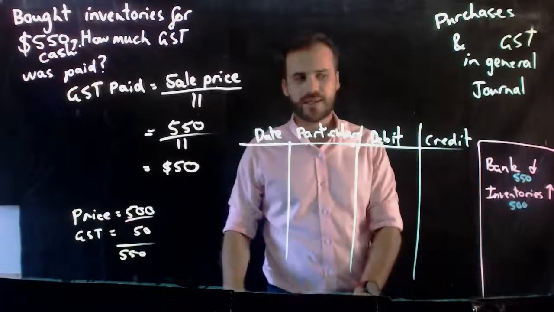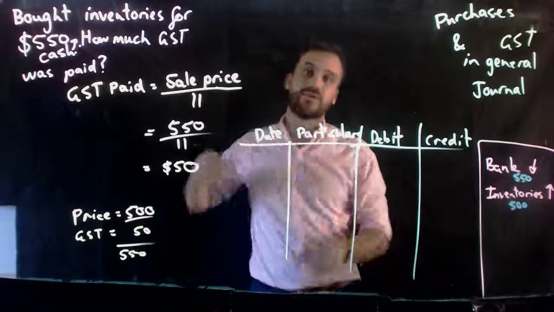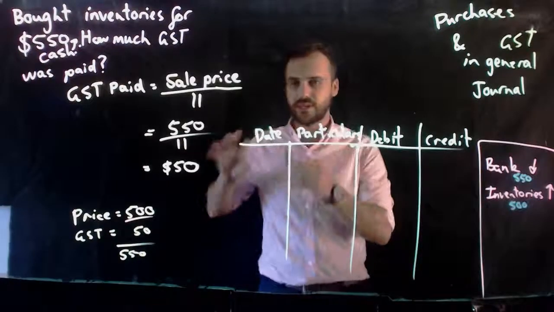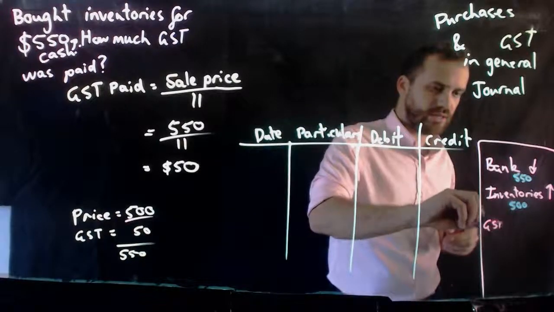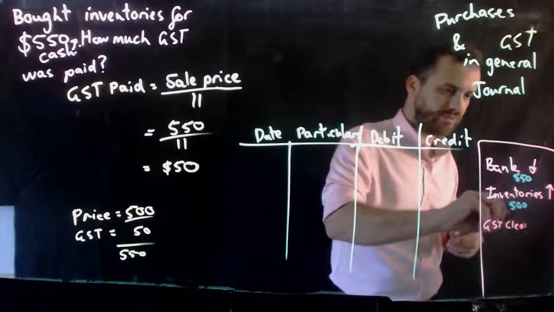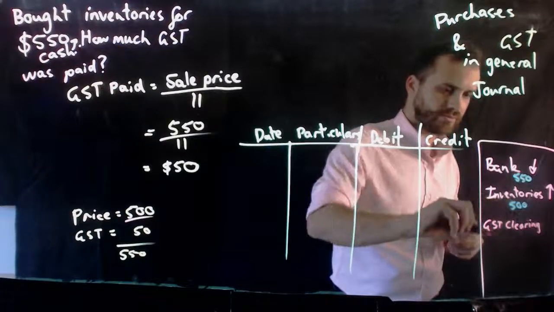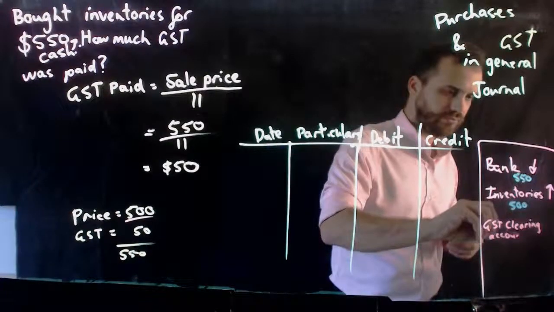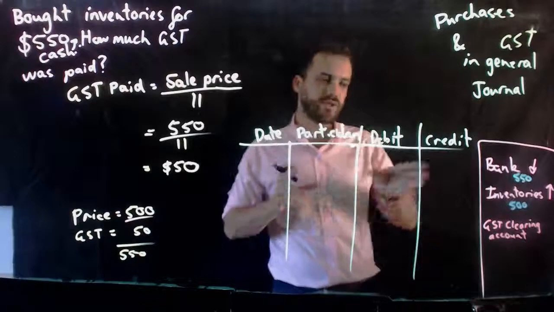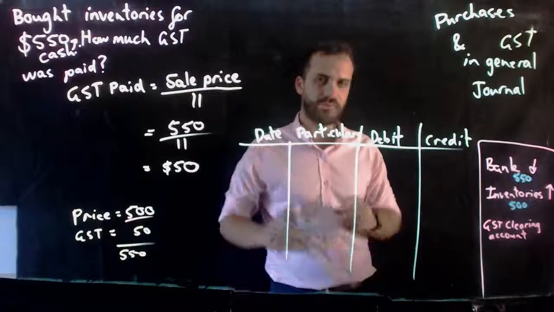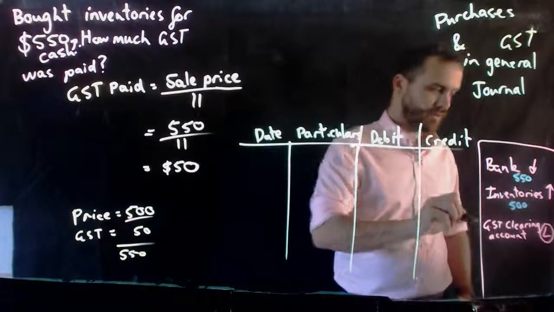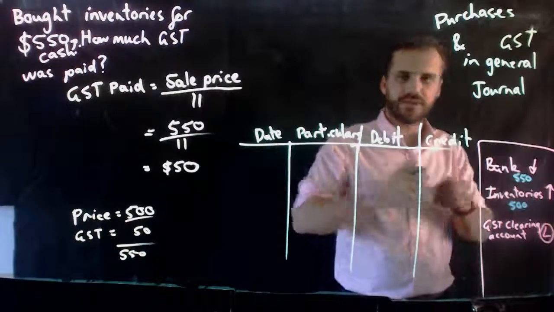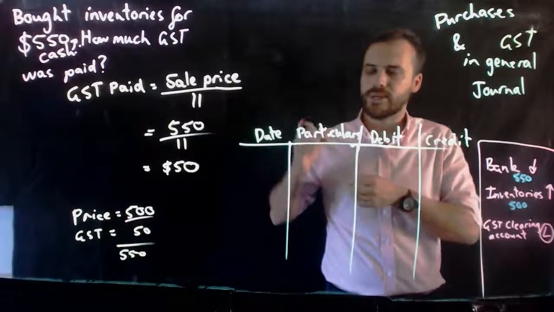Now, if you've been paying attention, you will realize that there is a third account that needs to be dealt with for this transaction, and that is our GST clearing account. And you should see that the GST clearing account, or if you remember, the GST clearing account is a liability, and it's a liability that's going down.